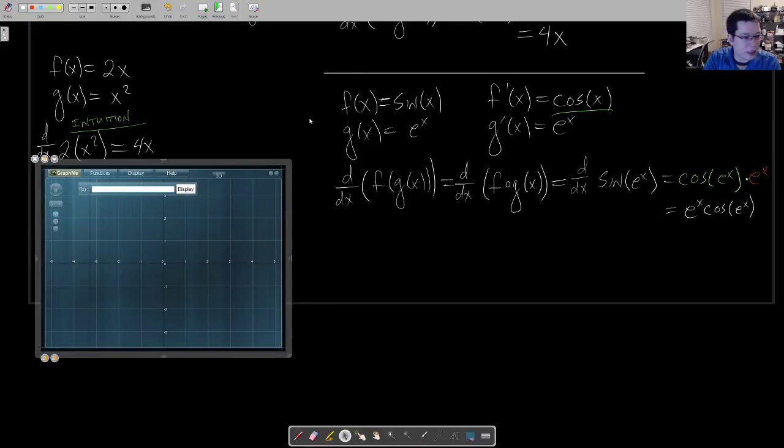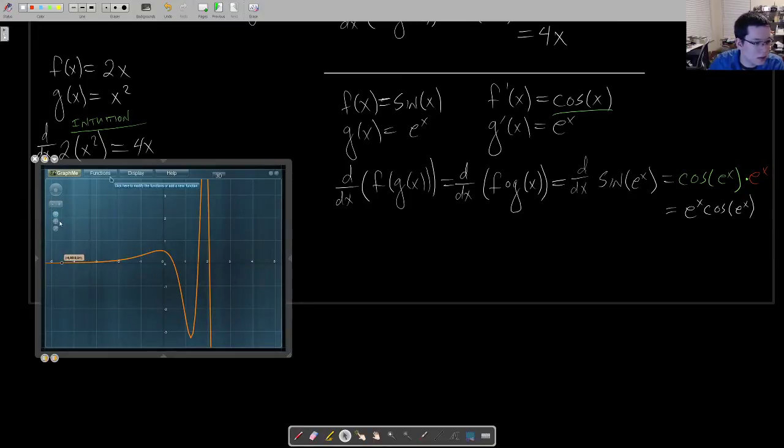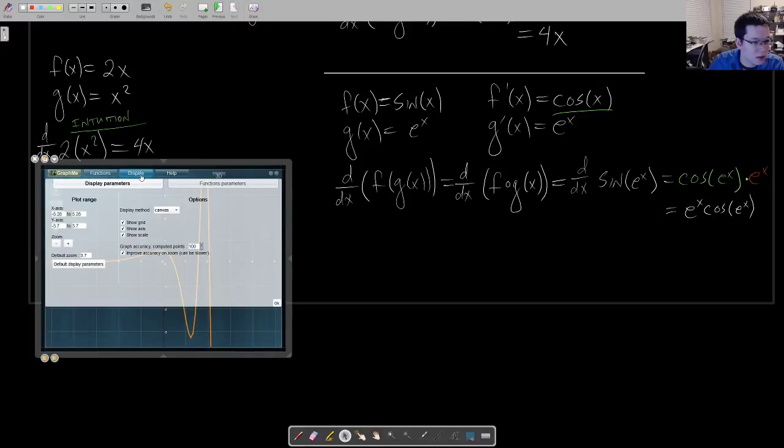So this will be e to the x times cosine e to the x. X-axis is fine.